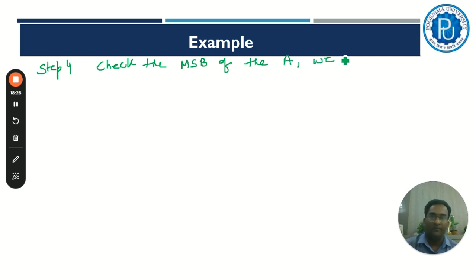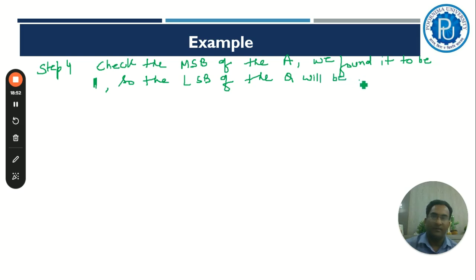We found it to be 1. So the LSB of the Q register will be set to 0.